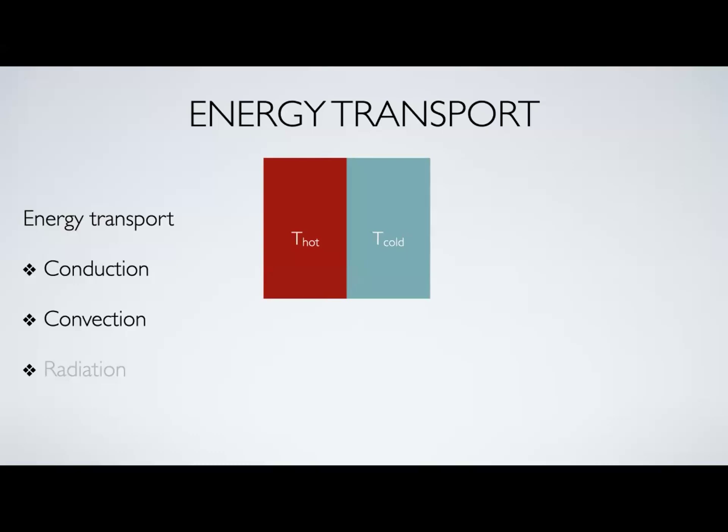Putting them in contact with each other, what's going to happen is that if we apply heat, the left-hand side temperature will be higher, so the energy will be transported to the right-hand side because the temperature is lower. In this case, conduction occurs. Conduction is the mechanism to transport energy.